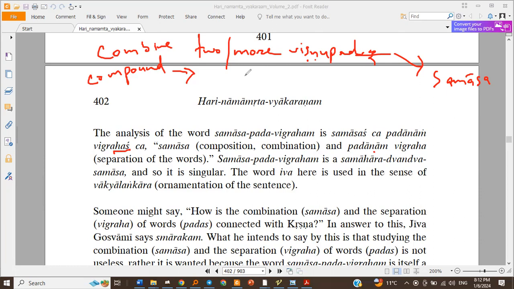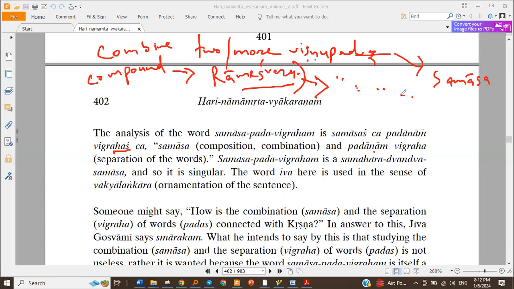For example, if we see a word like Rameshwara again, Rameshwara is a samasa where we have already combined two Vishnu padas and converted them into one Vishnu pada. So when we express it in a sentence structure, for example, Ramah Ishwarah Yasya Sah.